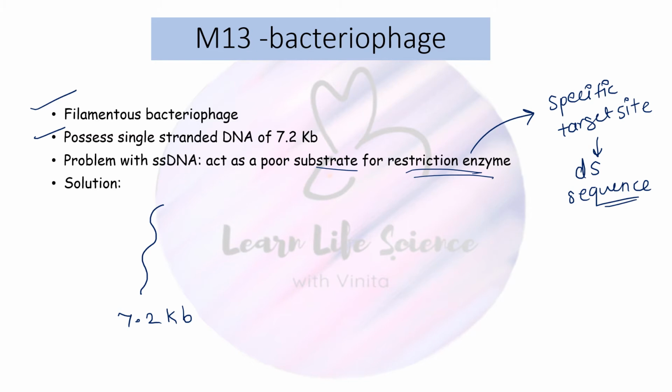And if you want to use this M13 bacteriophage as a vector, then how are you going to tackle the problem? The solution is, you can see the foreign gene is inserted in the replicative double-stranded DNA. Once there is replication of this single-stranded DNA, this is going to act as a template for restriction enzyme.